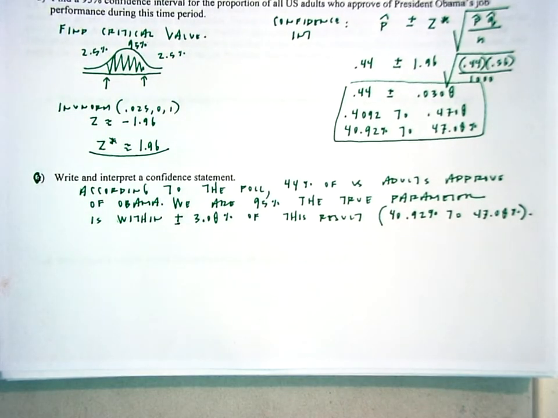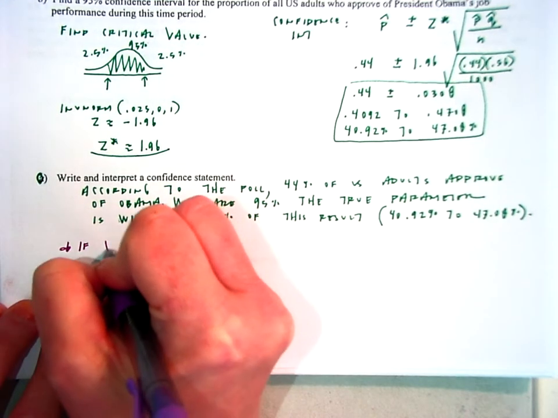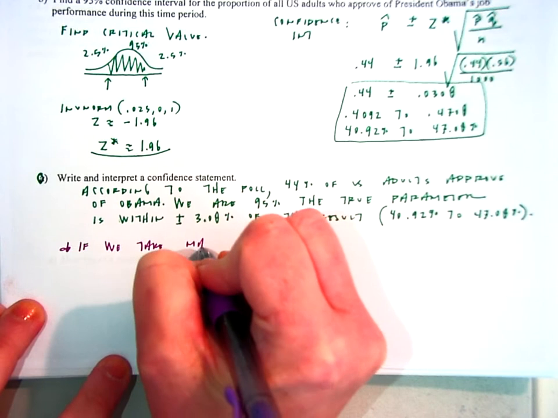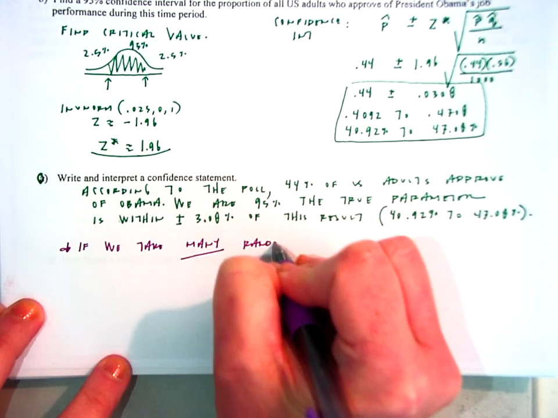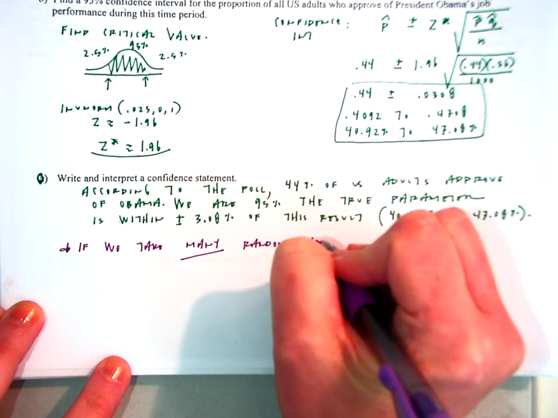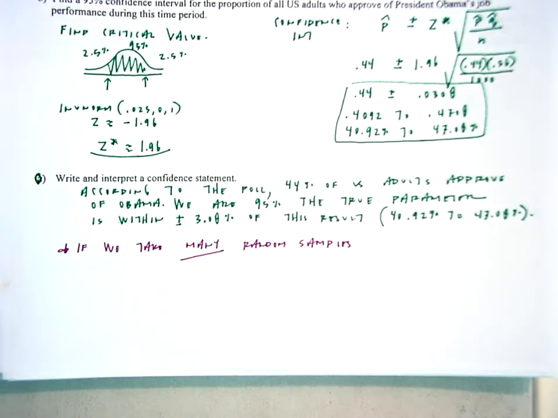Okay, and then again, of course, what does that actually mean? That's important to me that you guys know this. It's saying, well, imagine that we took many random samples. Remember that we are assuming that we're using the same methodology, so it should be a good representative sample.